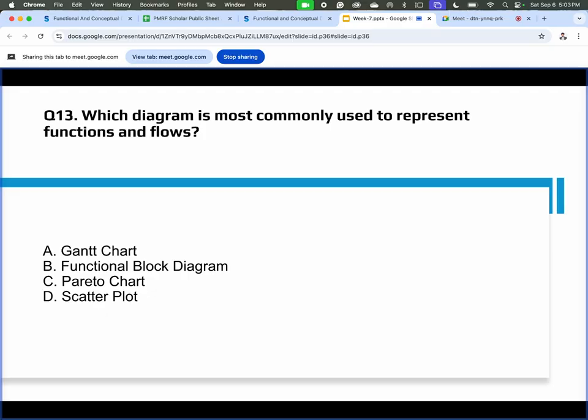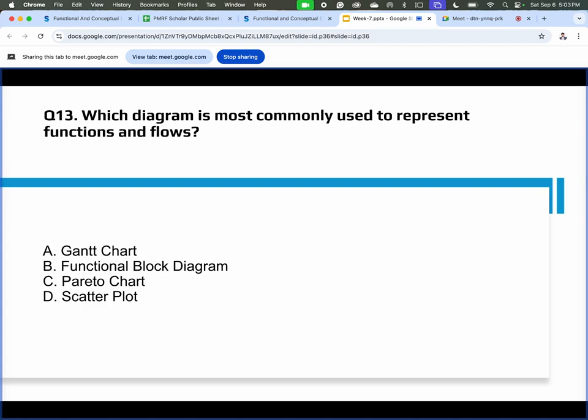The most common diagram for representing functional flow is the functional block diagram. Here each function is drawn as a block, and the flows of energy, material, and information are shown as arrows between blocks.